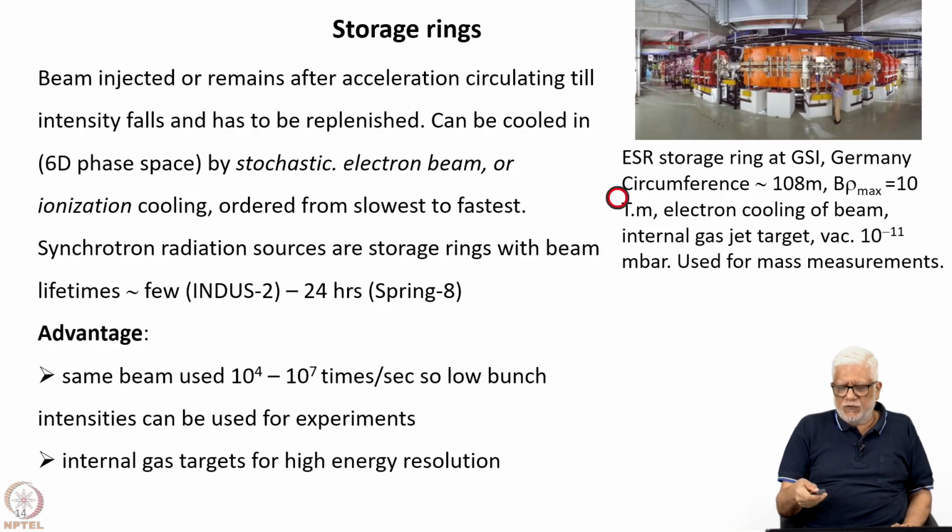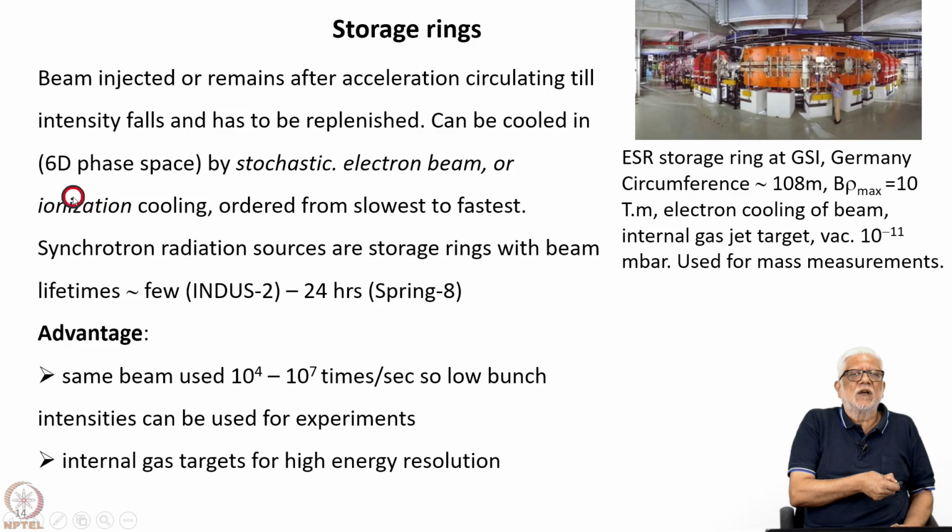There is a third method of cooling which is called ionization cooling, and this is still not a method that is used in accelerators, but the proof of principle has been done. This is useful when you want to cool beams on a very short time scale of the order of microseconds. For instance, this has been conceived in the context of cooling muons which come out of the decay of pions.